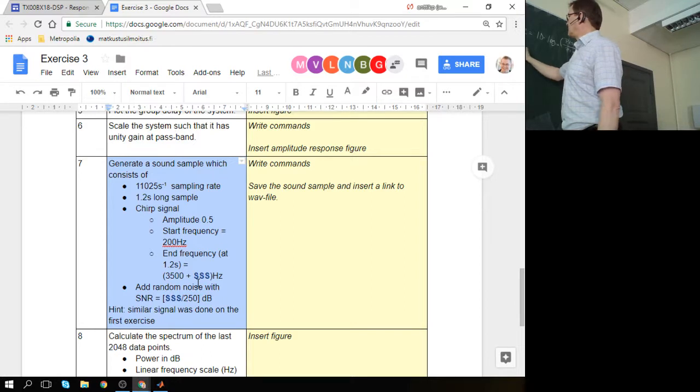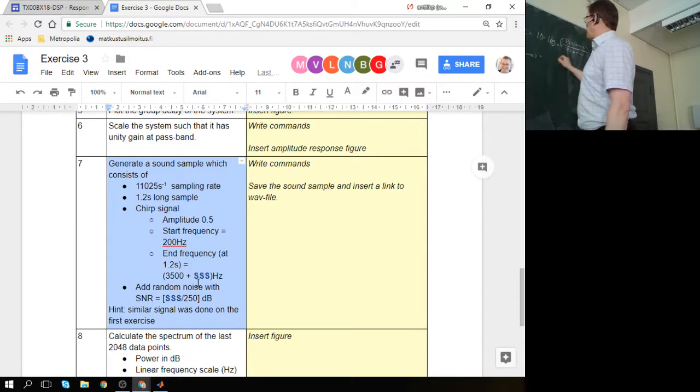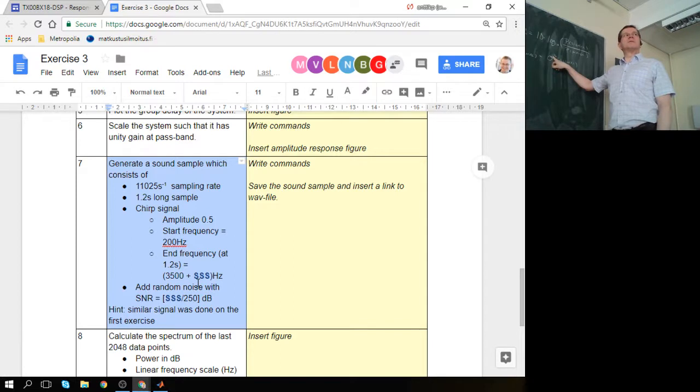Power of signal is the same as the variance of signal, which is the square of the deviation. So it's the variance of signal, or standard deviation of the signal to the power of 2.